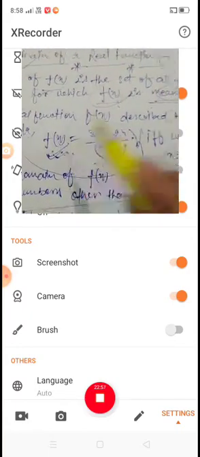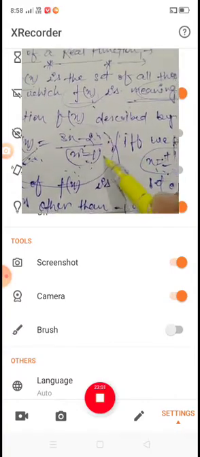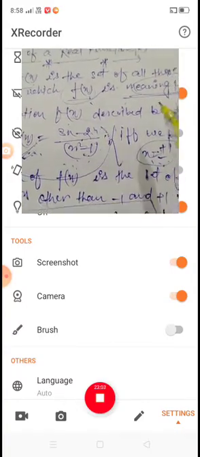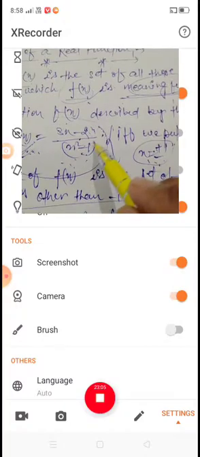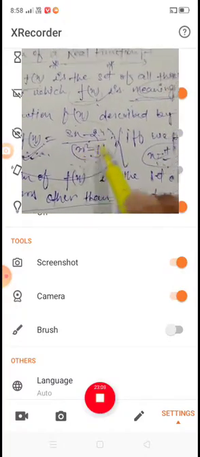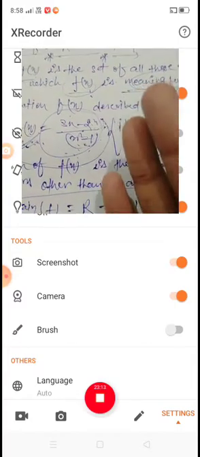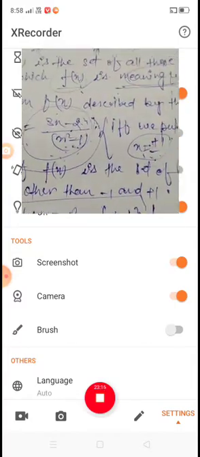This function is meaningful only when x does not equal plus minus 1. At x equal to plus minus 1, the denominator becomes 0 and the whole function is not defined.